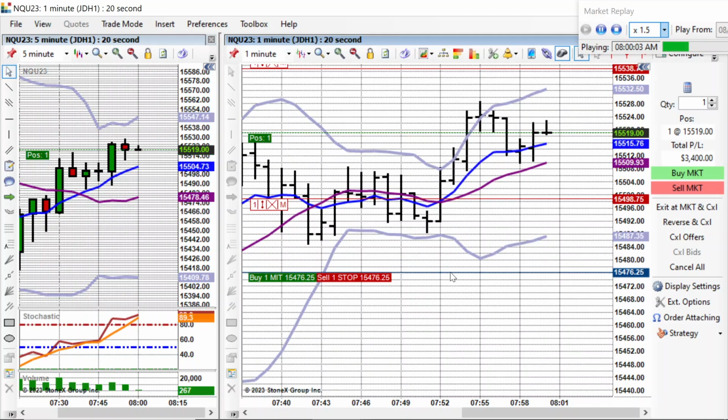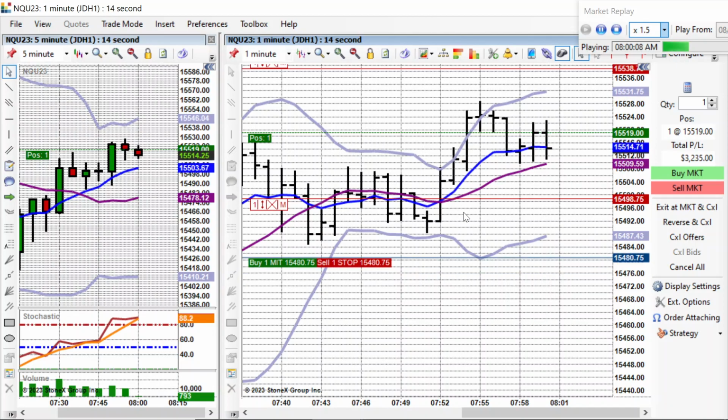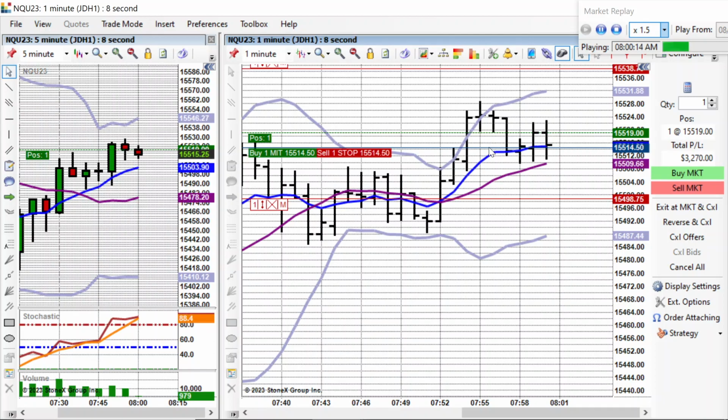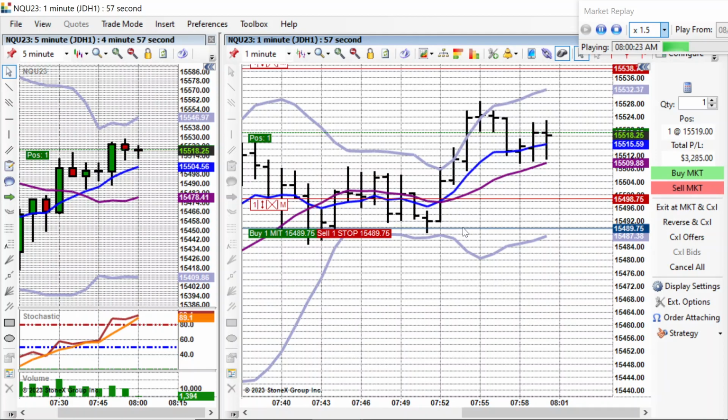And the idea is to get out of risk as soon as you can, but those initial trades are often a judgment call, and you can see it's turning against me here. I should have entered at that close, but so this might be a timing issue. Yeah, it would have got me in here anyway.